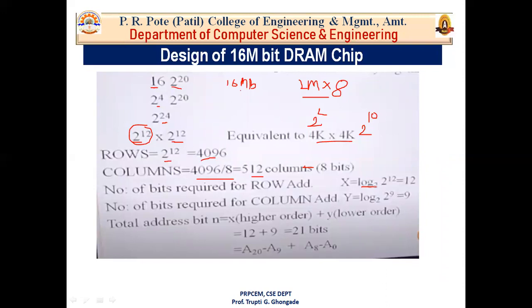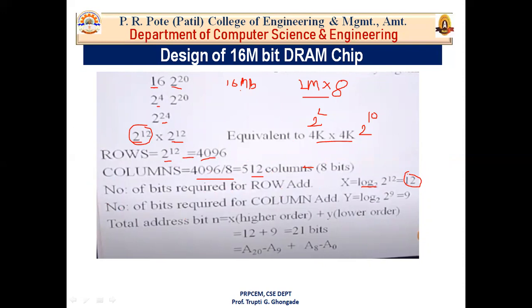How many rows do you have? You have 2 to the power 12, that means 4096 rows. So log base 2 of 2 to the power 12 gives 12 bits. That is, 12 bits are required for the row address.